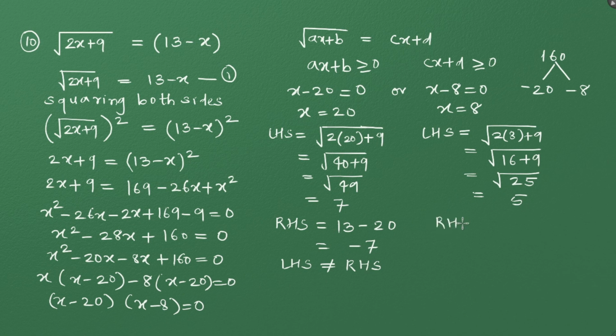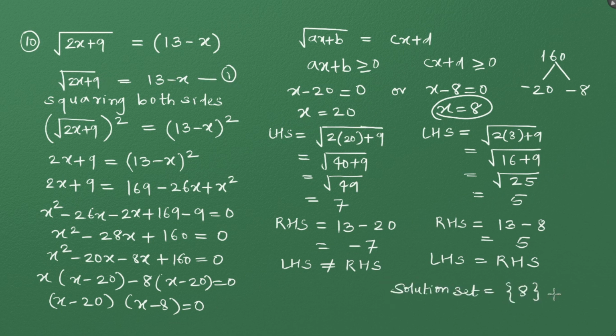Let's see how much we get after solving the right hand side. It is 13 minus 8, which equals 5. So here what we have obtained is left hand side equals right hand side. So this means x equals 8 satisfies equation 1. So the solution set will have 8.